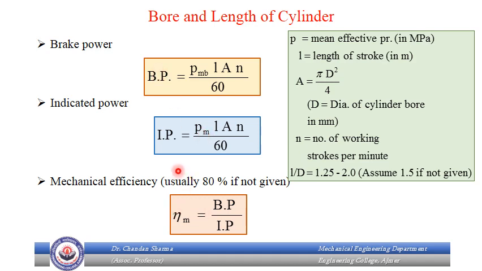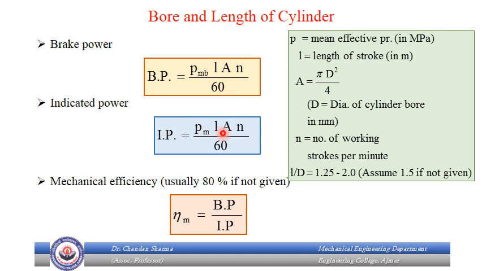So how can we use that? We are usually given the mechanical efficiency, which is ratio of BP and IP. If not given, the usual value is 80%. So from the value of 80% and for the given value of BP, we'll find IP.